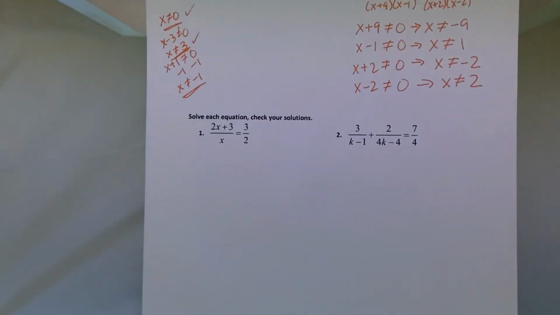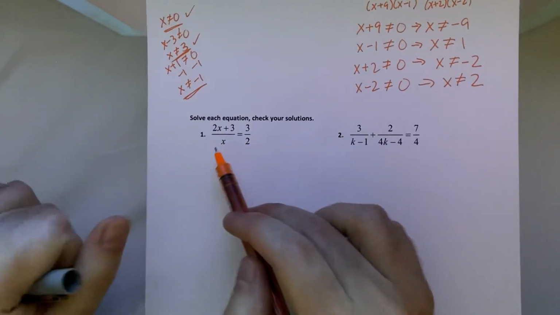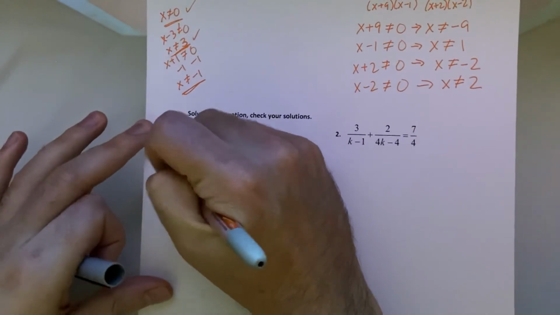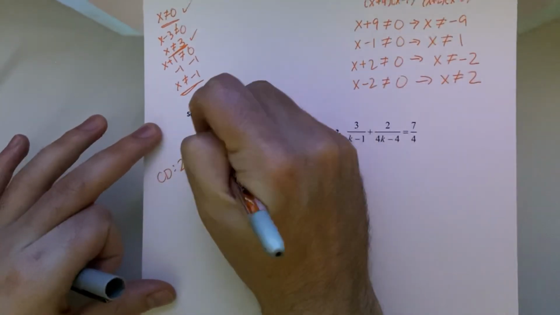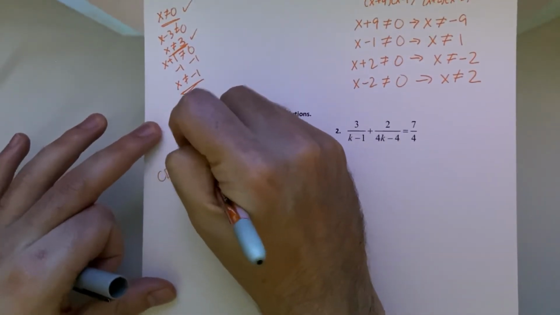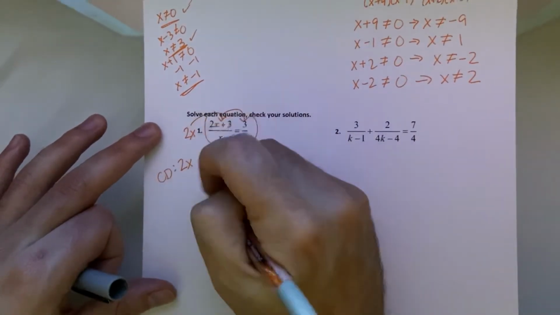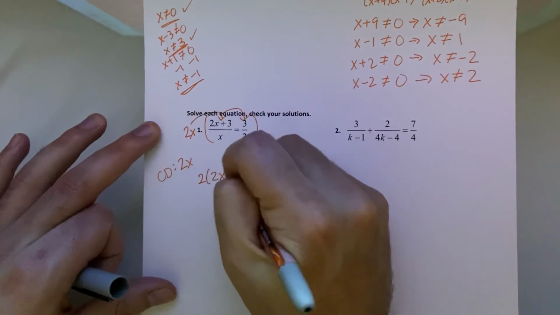So now let's see what happens when we have an equation with variables in the denominator that we have to solve. So 2x plus 3 over x equals 3 halves. So what's my common denominator here? It needs a 2 and an x. I multiply everything by 2x. Let's see what happens. In the first fraction, the x's cancel, so I get 2 times 2x plus 3.